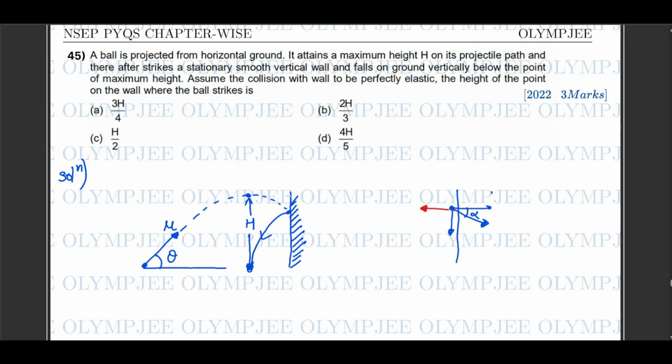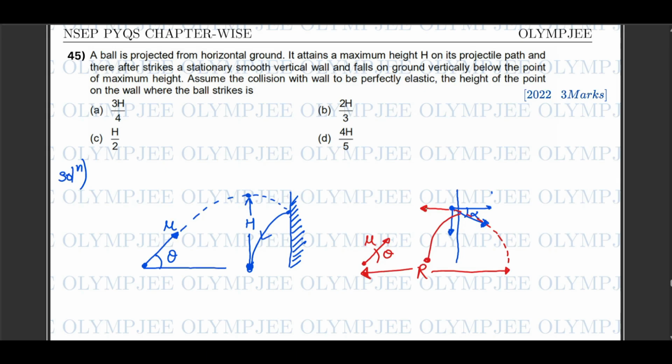So we know that if there was no wall, then the projectile would have completed the whole range. But since it is hitting the wall, it will move somewhere here.